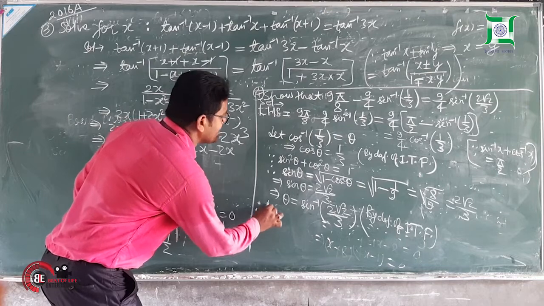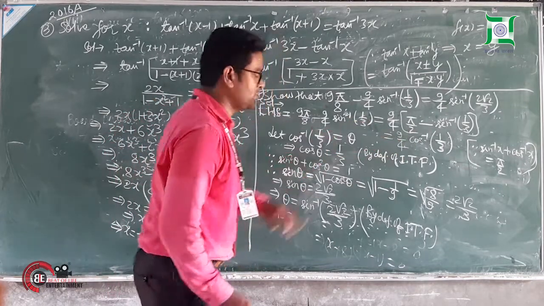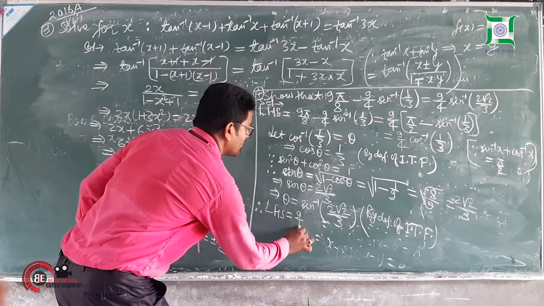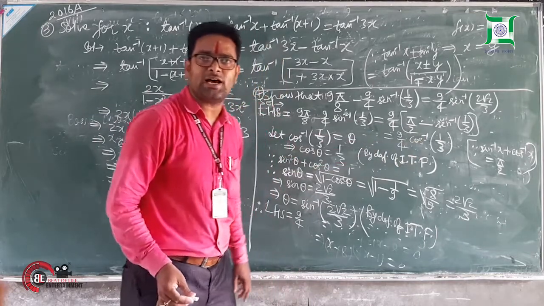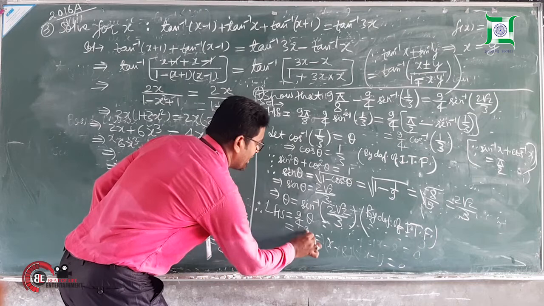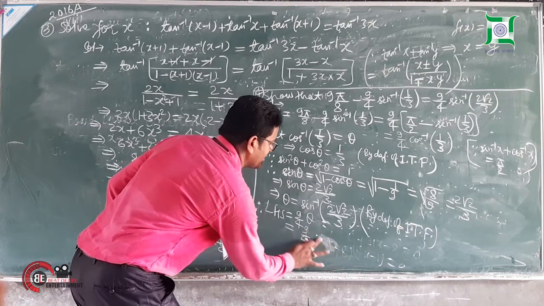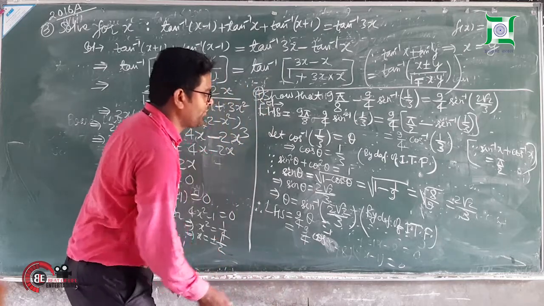Therefore, your LHS is equal to 9 by 4. What can I write here in place of cos inverse 1 by 3? I will write theta here. So simply change it: 9 by 4 in place of cos inverse, theta.